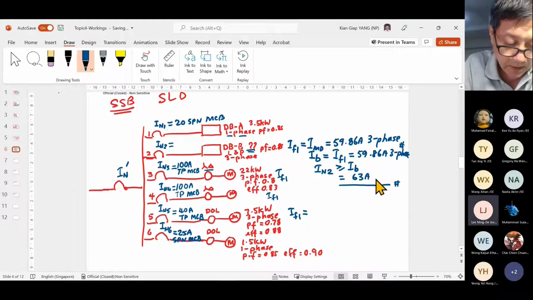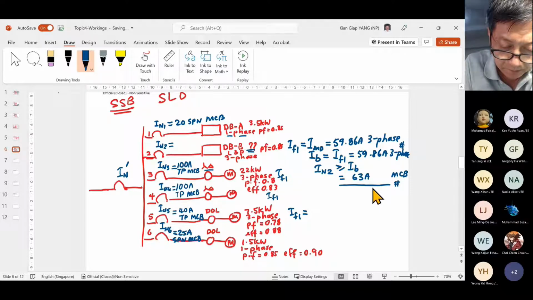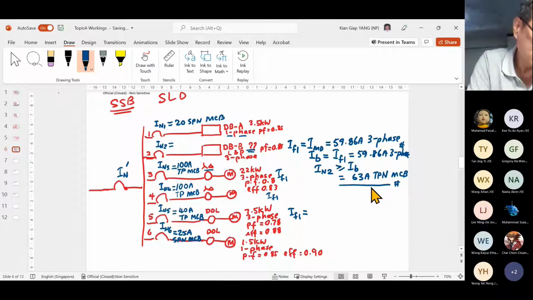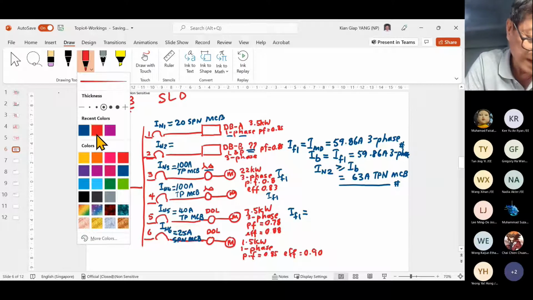I don't have 60. So 63 amp, how many poles? Three phase. So this one TP also. Can it be TP or not? Is this a motor load? No, it is not. So it must be what? TPN. You think like lucky draw like that.